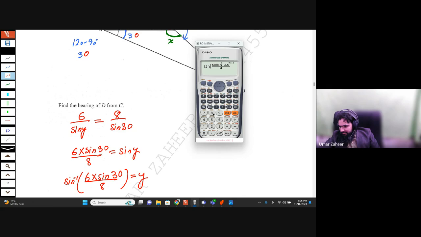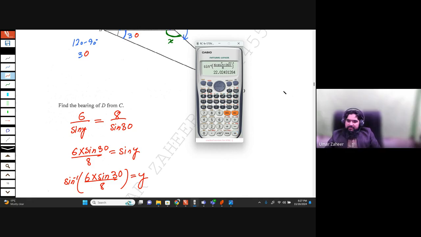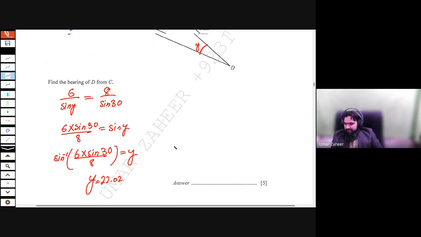In the denominator it will be 8. Yes, everyone, what is the answer? So 22.02. We'll get y is equal to 22.02.